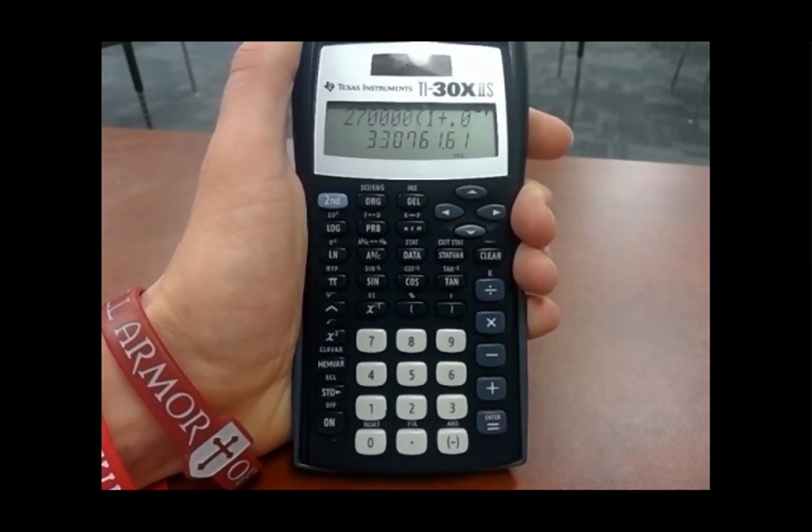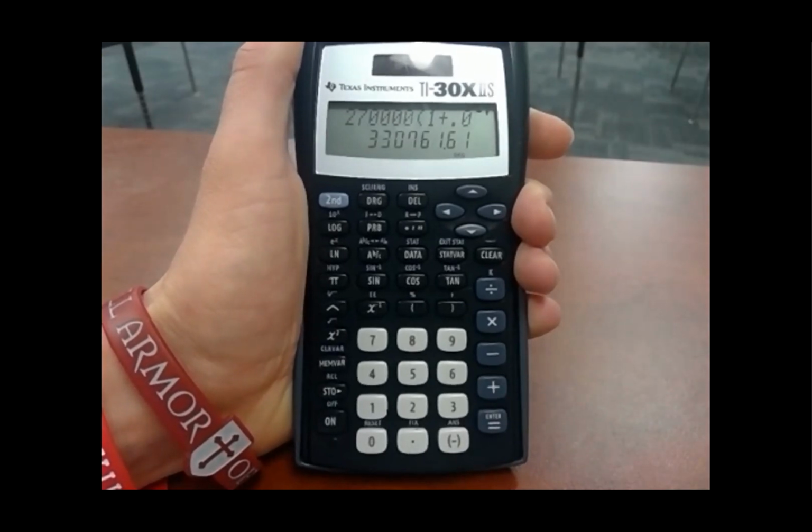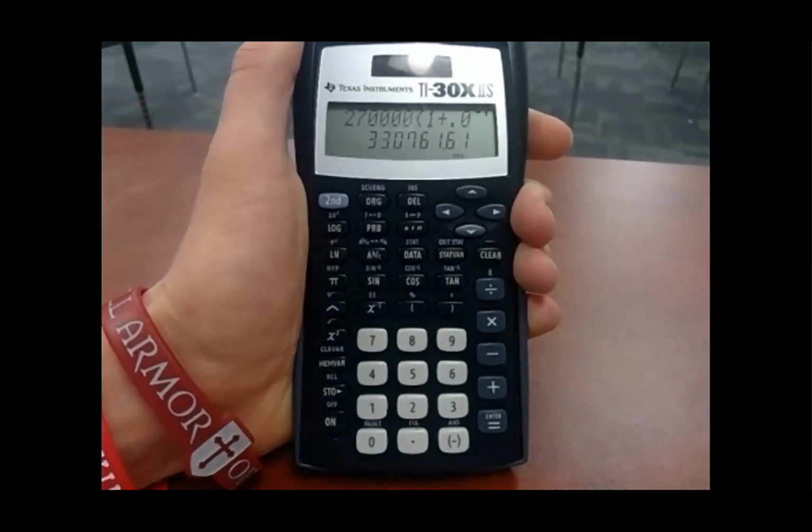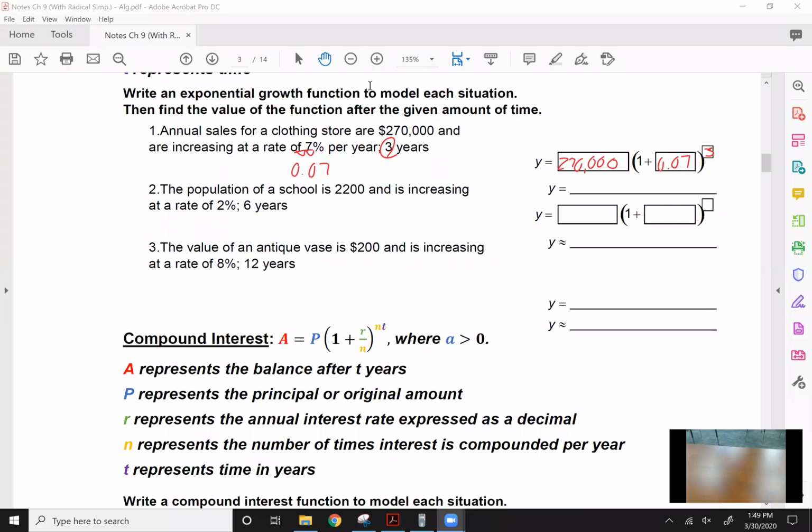Hit enter, and I get 330,761. So that's my new amount. So it's 330,761, and we'll say and 61 cents.